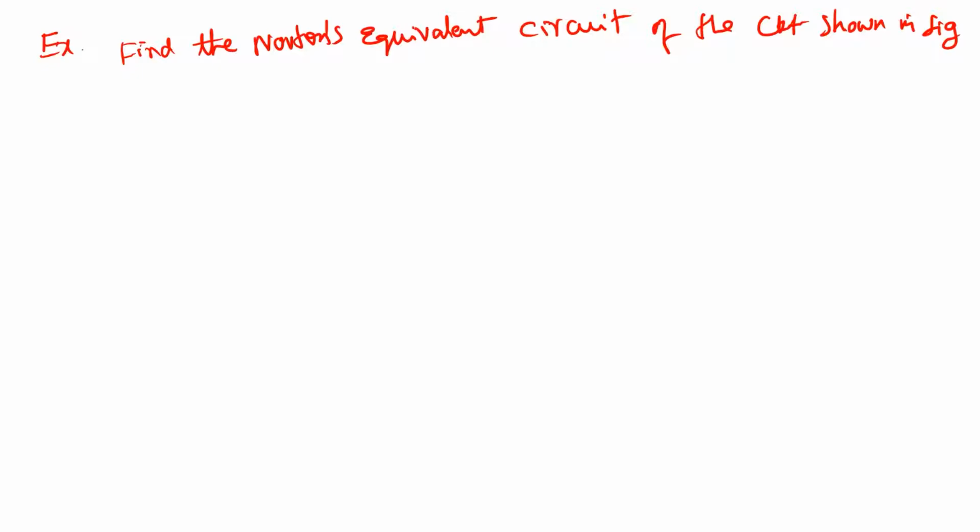When you see this circuit, this is a 2 ampere current source, and this is a 4 ohm resistor, and this is 12 volts.